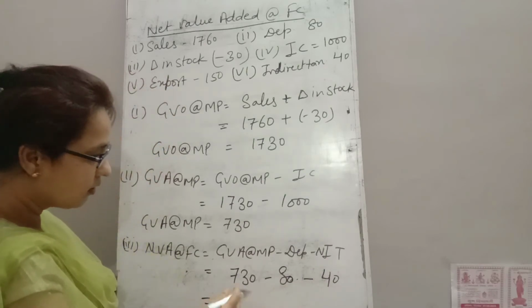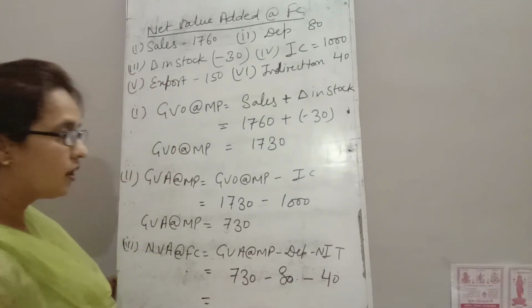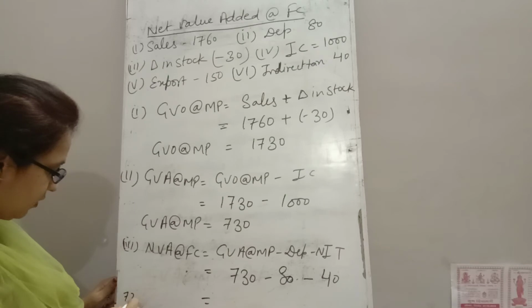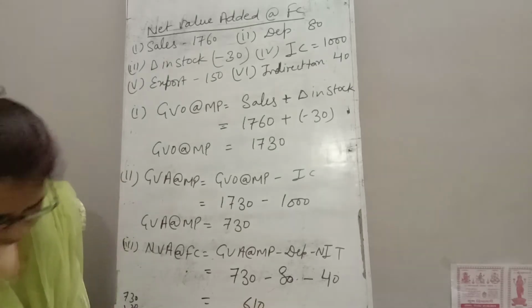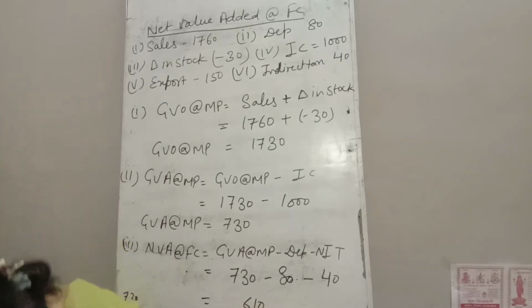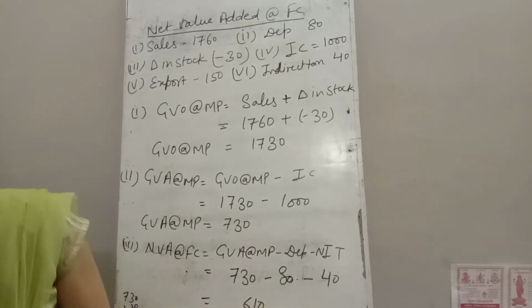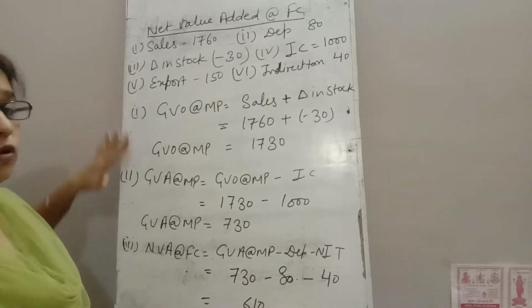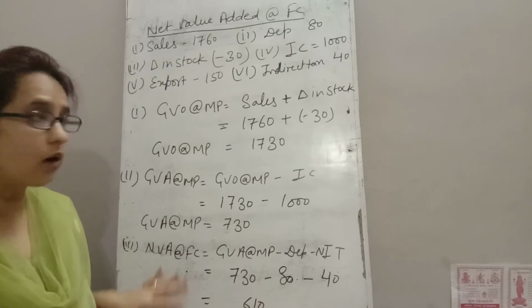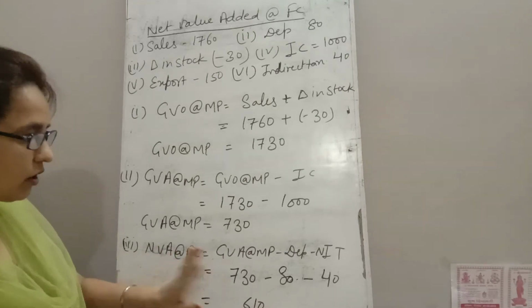Now calculate 730 minus 120: 610. That will be your answer. Clear? That will be your answer. I hope all of you have understood now how to calculate NVA at the rate of FC.